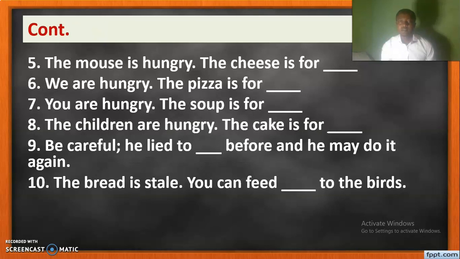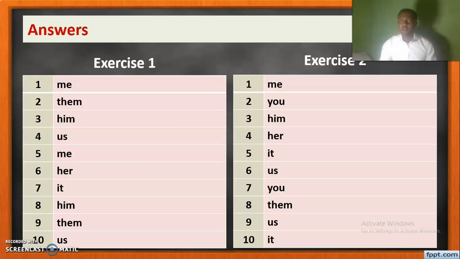The next questions. Well, these are the answers so that you can correct yourself if you have made any mistakes.